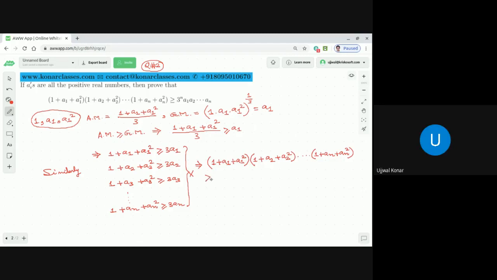That should be greater than or equal to, how many 3s are multiplied? n in number, so 3 power n, into a1 into a2 into a3 up to an, and that's what we wanted to achieve.